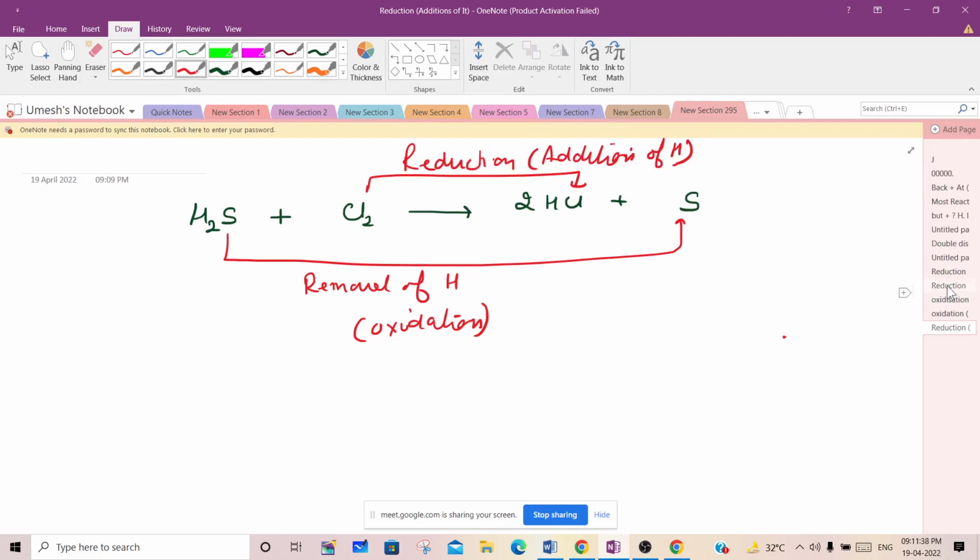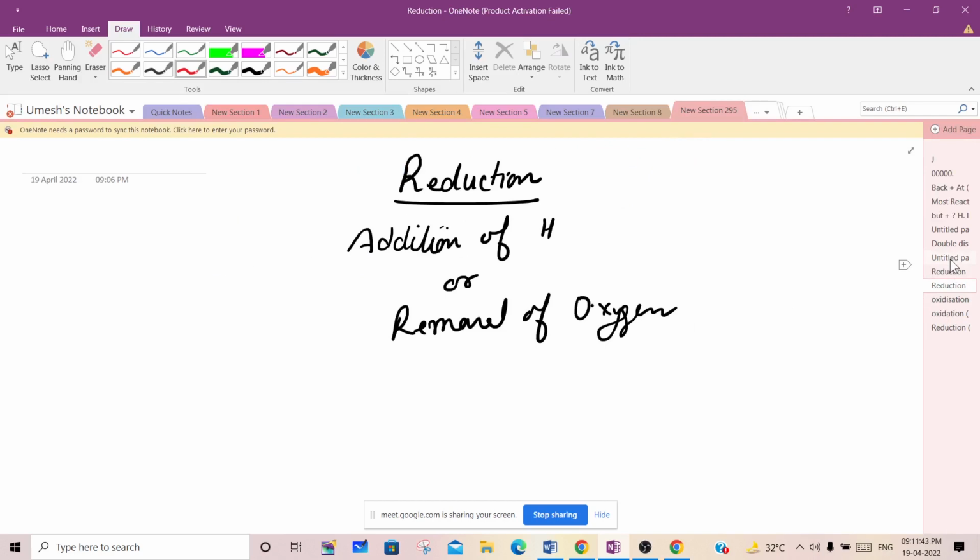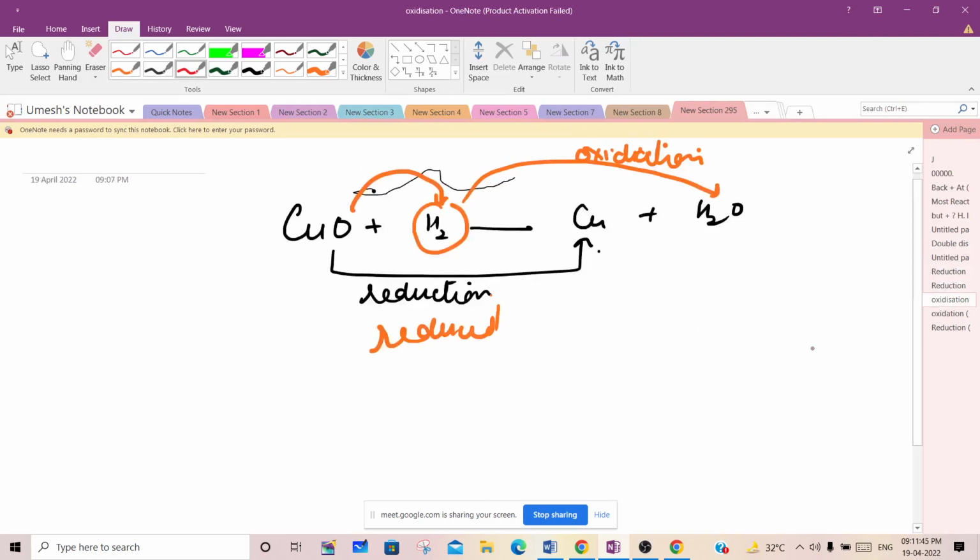Now, I will go back to this equation here. In this, the hydrogen is responsible for removal of oxygen from the copper oxide. So I can say this H2 is a reducing agent.